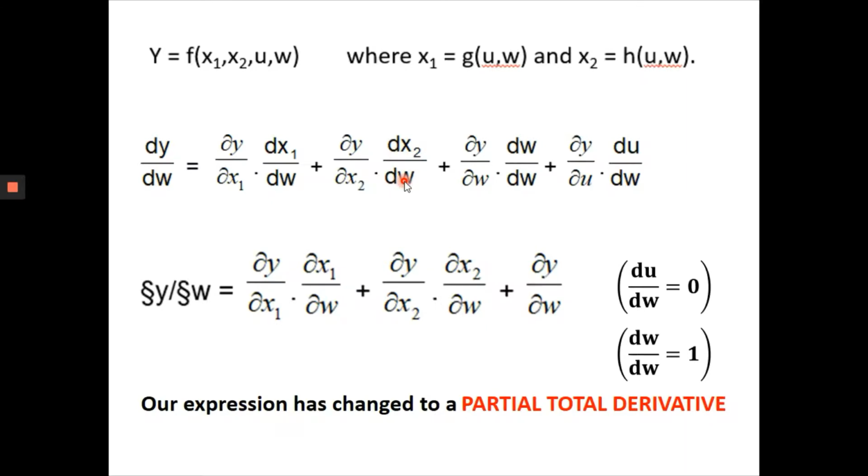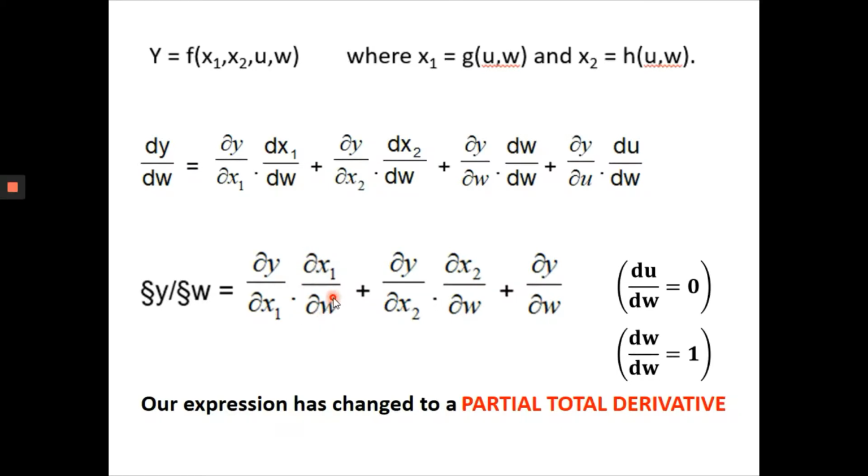So if we see on the next line down, that's exactly what we've done. Instead of using the d, which would indicate total derivative, we need to use the curly d to indicate that it's a partial. And similarly here, we wouldn't have this notation, we would use this notation here.